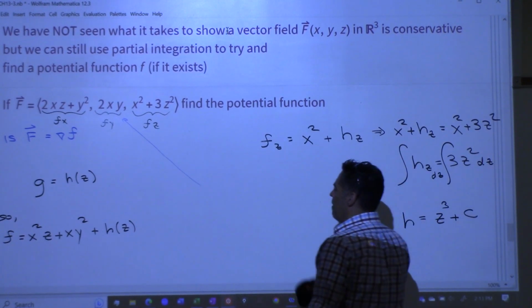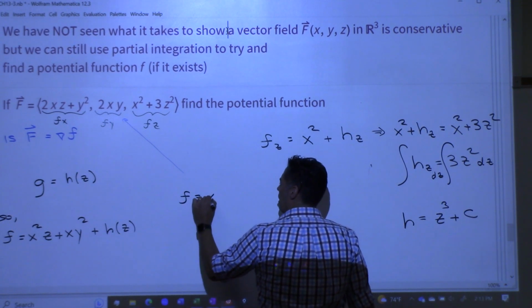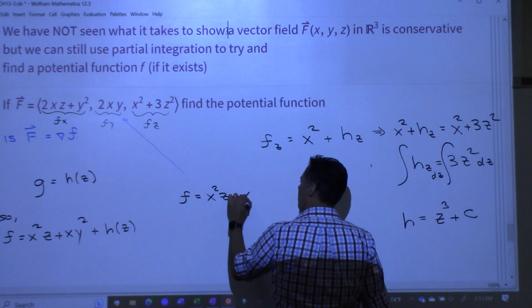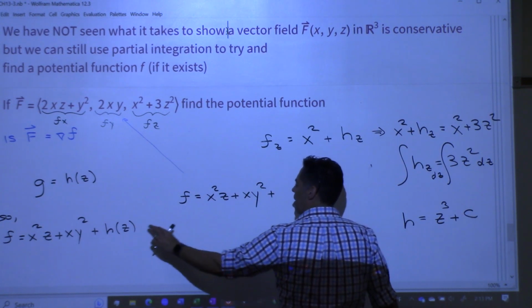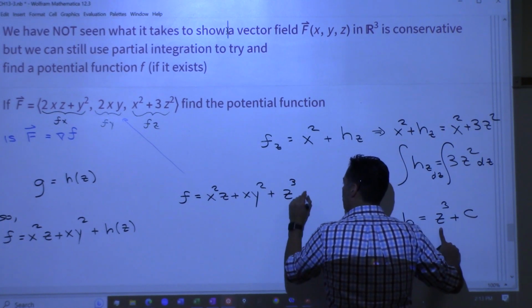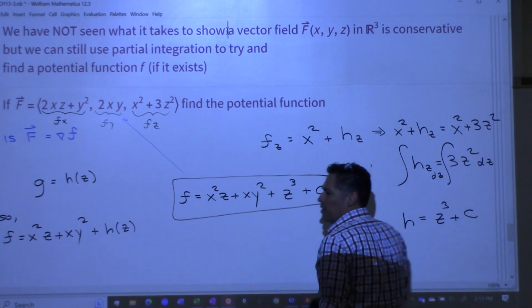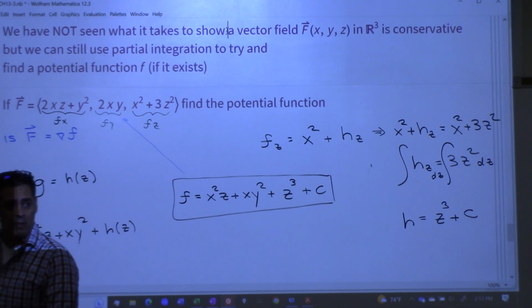And so I'm ready for my final version of f. Little f is x squared z plus x y squared plus some function h, which we determined was z cubed plus some constant. There's your potential function. So it is a conservative vector field.